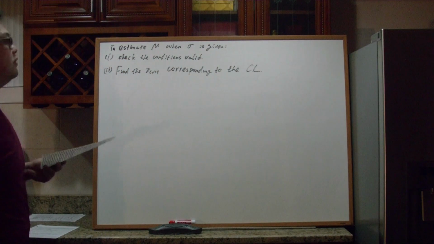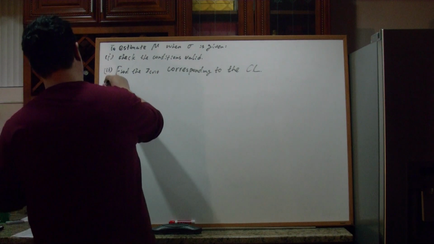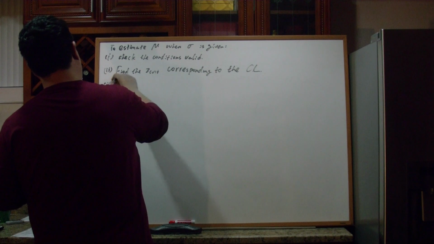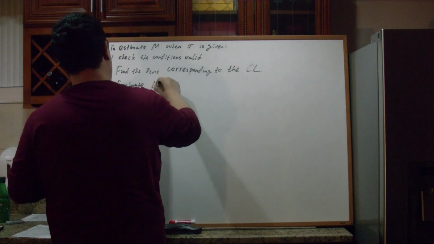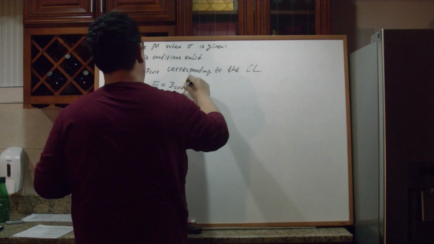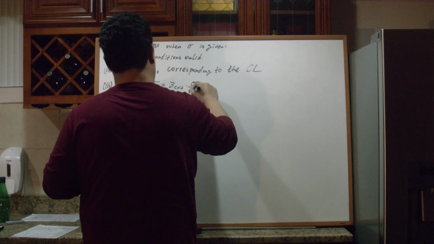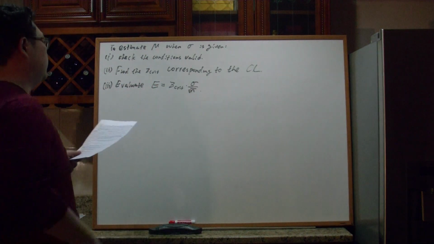Then find the critical z-score corresponding to the confidence level, and then evaluate the margin of error, which equals z critical times sigma over radical n. That is the thing we need to evaluate.